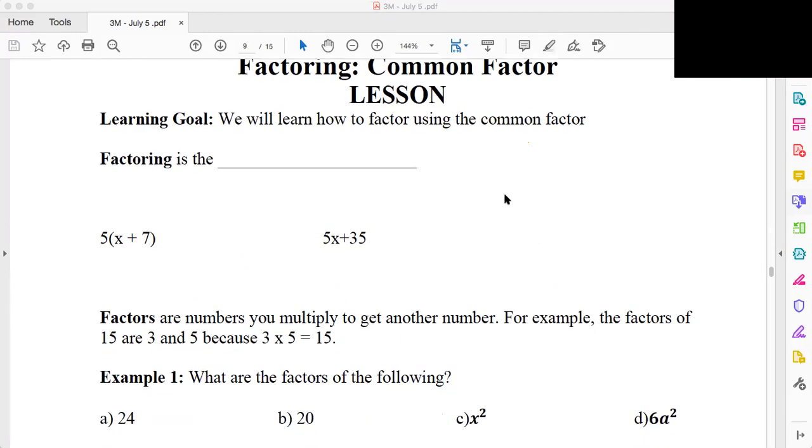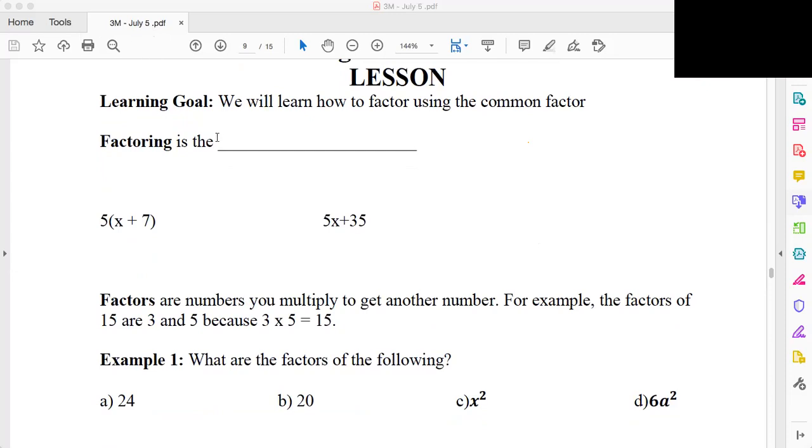So factoring is the opposite of FOIL. Remember that FOIL is first terms, outer terms, inner terms, and last terms, so you're doing that kind of rainbow effect.